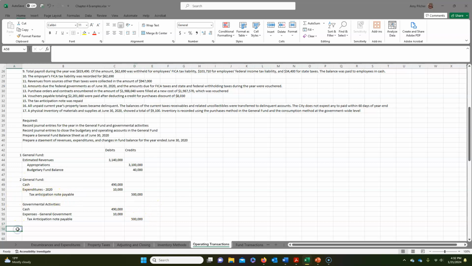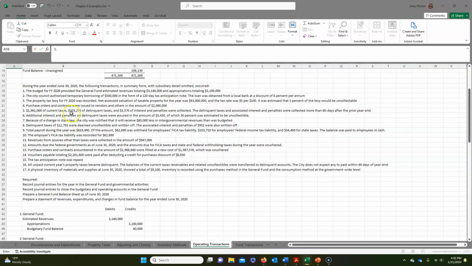Now transaction number 3. Transaction number 3, our property tax levy for FY 2020 was recorded. Our taxable property for the year was $43 million, and our tax rate was $5 per 100.